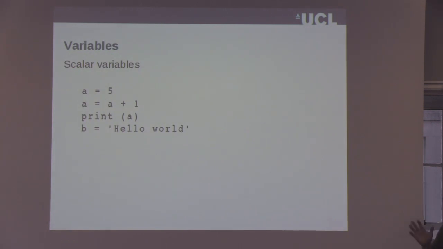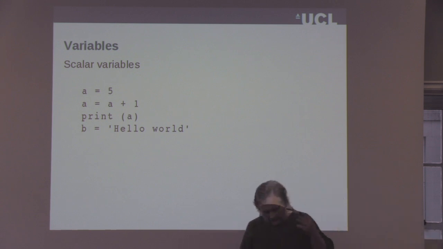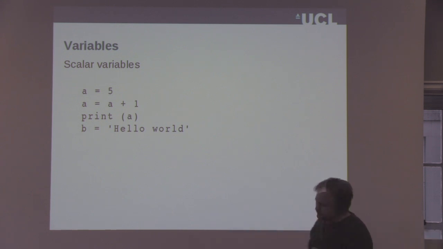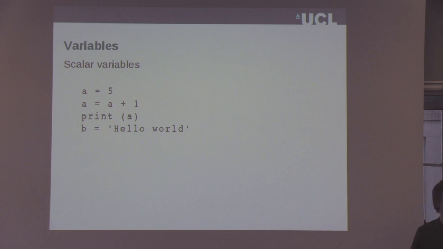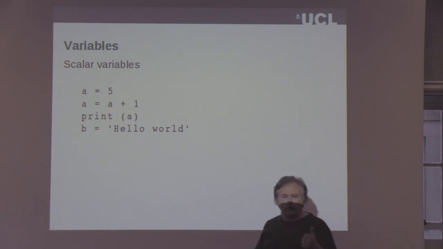So let's have a look at some fundamentals of programming which apply to pretty much all procedural and object-oriented languages, and that's the idea of variables. We have different types of variables, three major ones, first of which is known as a scalar variable. And a scalar variable allows you to store one thing.